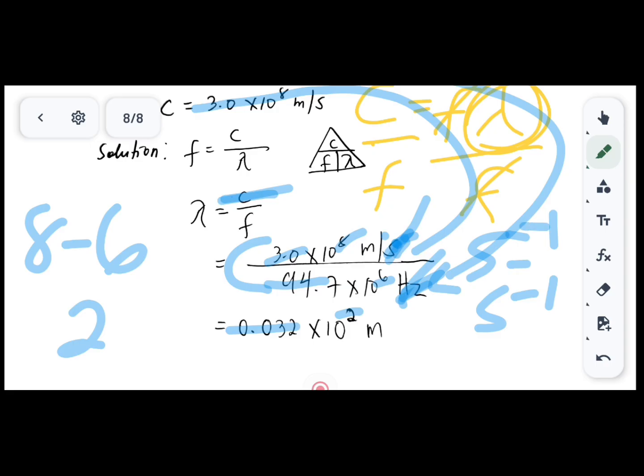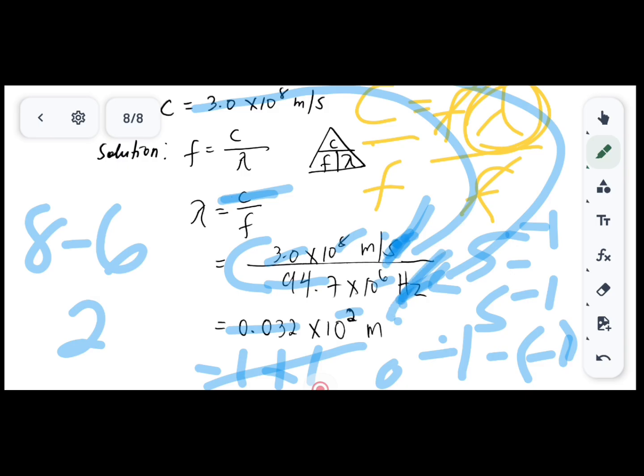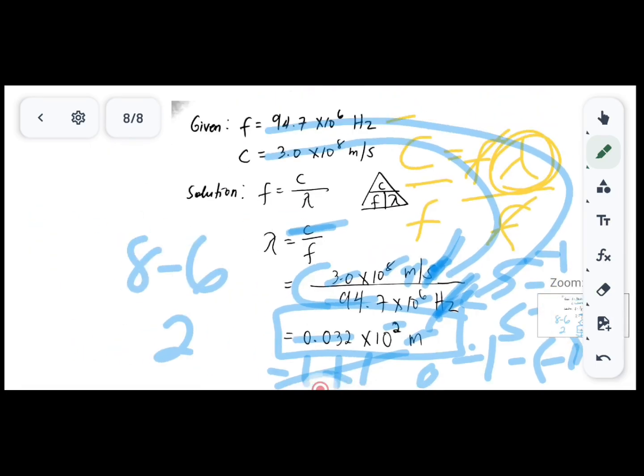S negative 1, minus 1: negative 1 minus negative 1 will become negative 1 plus 1, and that is 0. Cancel the seconds, cancel the hertz. You are left with the meter unit, and that is the final answer, 0.032 times 10 raised to 2 meters. And that concludes our lesson.